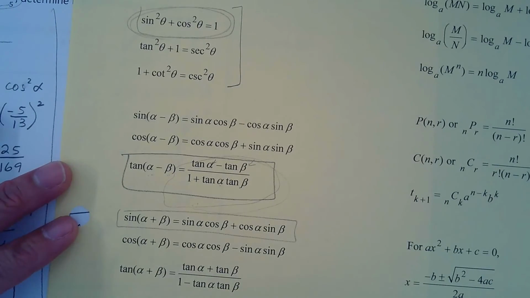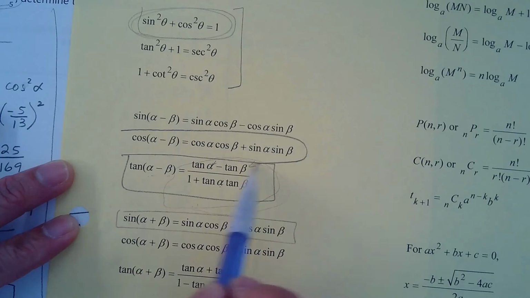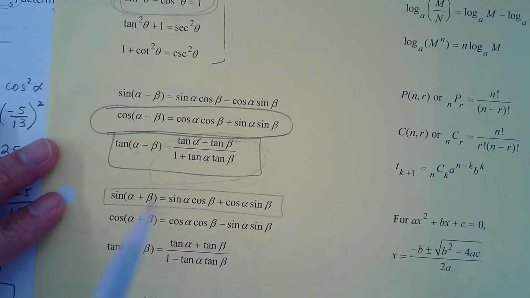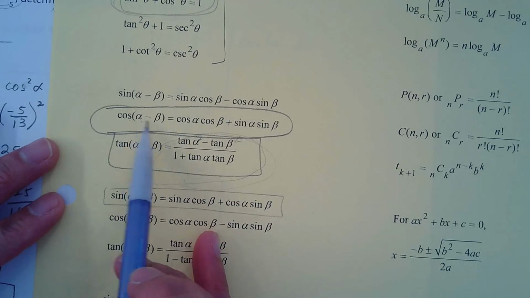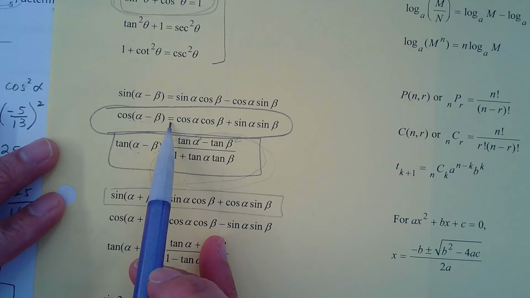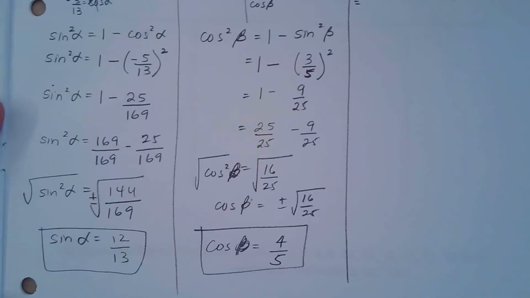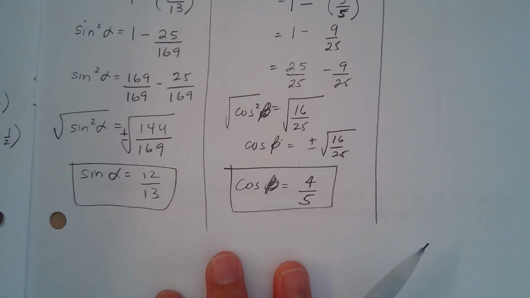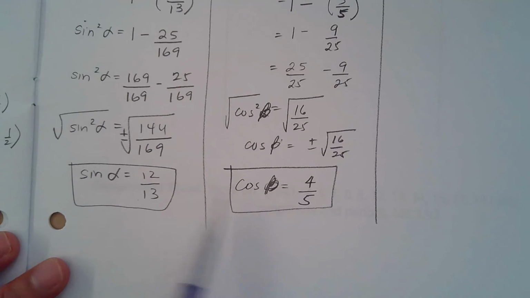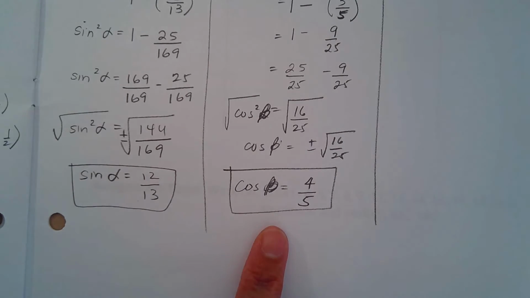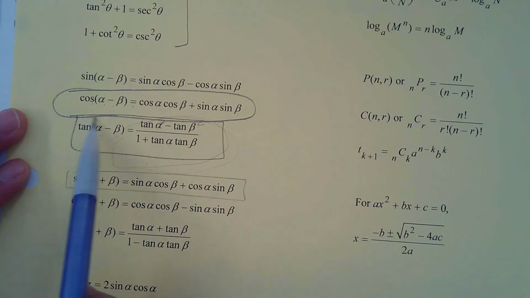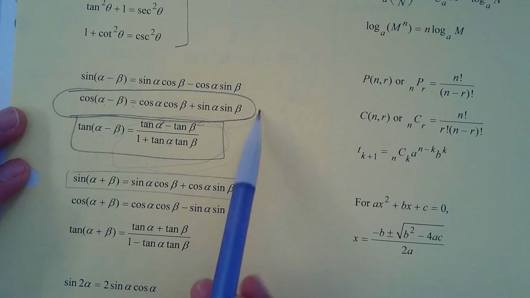Okay, so what we're going to do is use this identity to figure out the value of cos of alpha minus beta, which is equal to this. All of the things that we've done in here, I guess I should have told you ahead of time, that's the reason why we had to figure out both the sine and cos, because later we're going to use it.